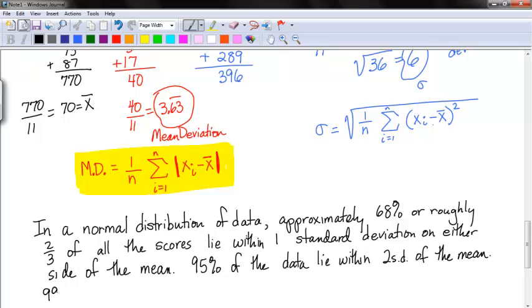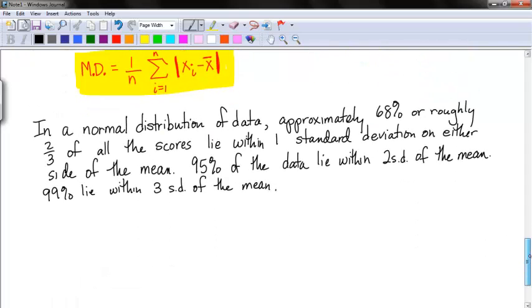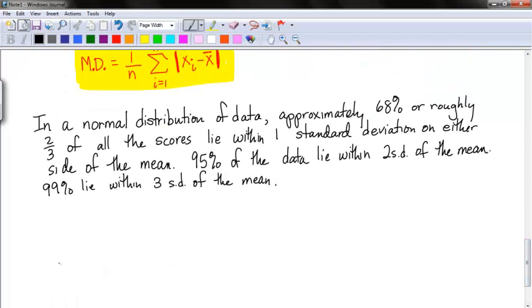And 99% lie within 3 standard deviations of the mean. That's in what they call a normal distribution. It would look like this. In a normal distribution, it will look like a bell curve because it looks like the old bell.